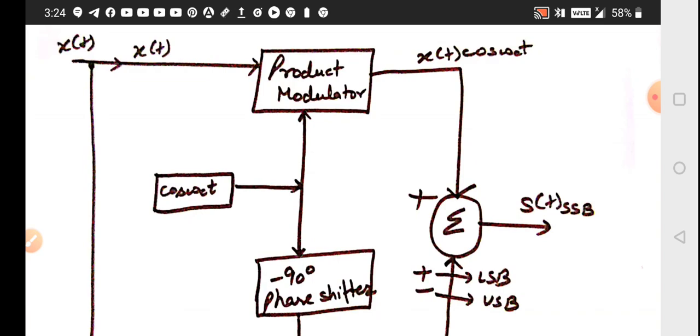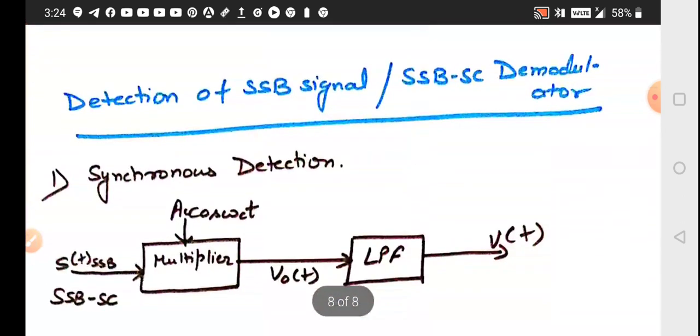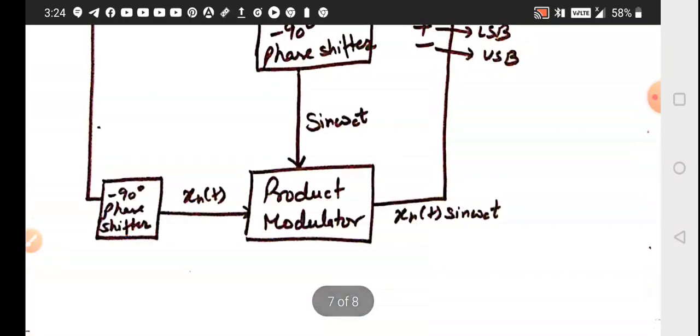So what is the advantage of this? Here you can see there is no band pass filter like in the first case, so it does not require any sharp cutoff filter. The disadvantage is that each balanced modulator must be balanced, as we studied in the DSB-SC case, because if the balanced modulator is not balanced, it will not suppress the carrier.